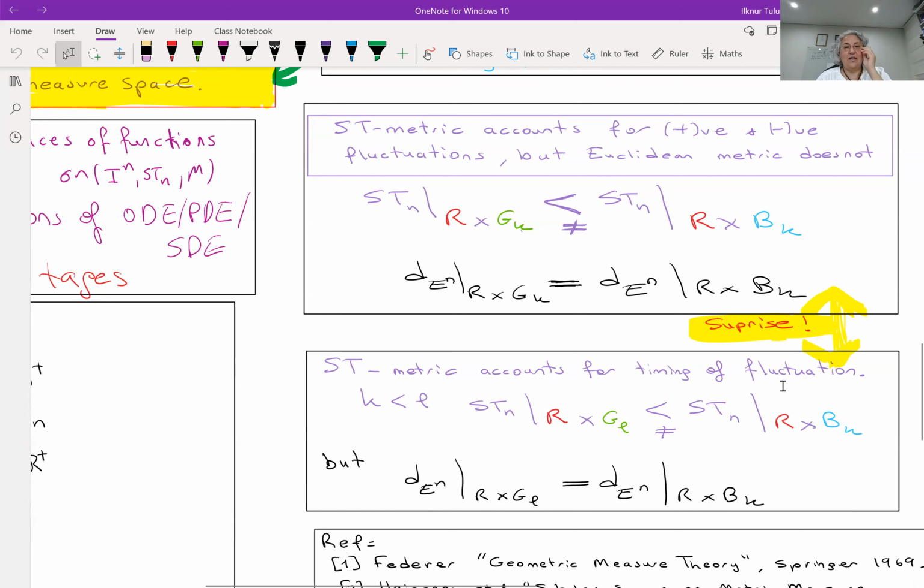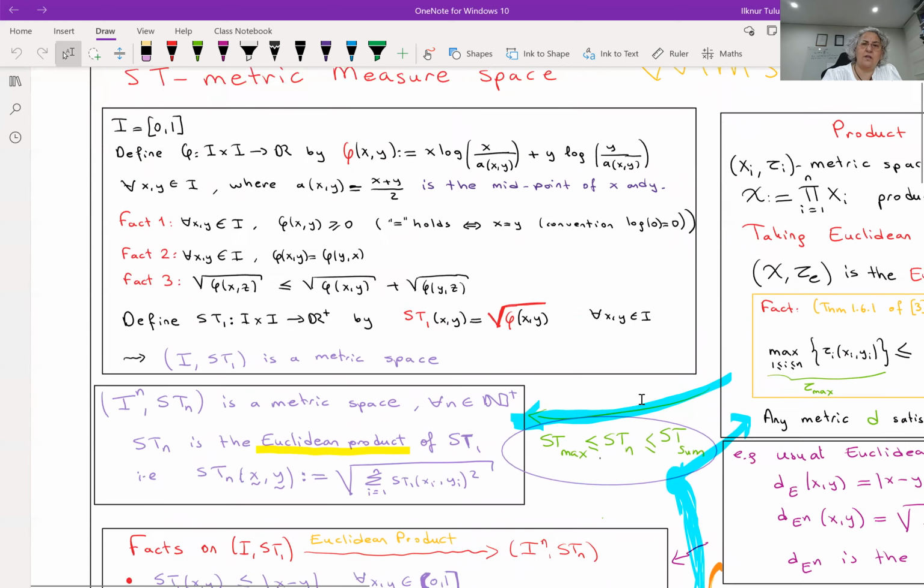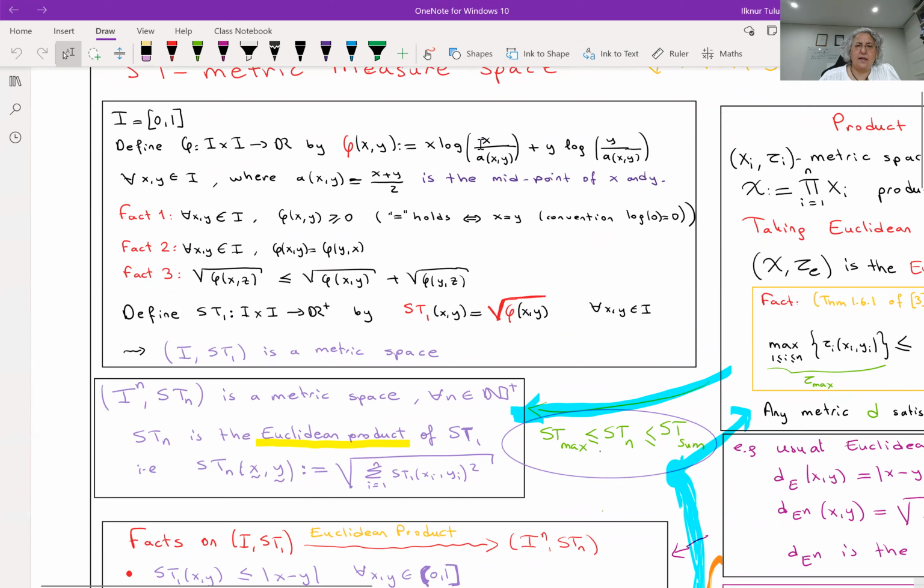And this is one of the intuitions that tells me that ST metric spaces are worthwhile to work on. What I'm saying is basically that the ST metric space includes the fluctuation structure in itself. Why? Well, the definition of the ST metric is closely related to entropy. So x log x is an entropy.